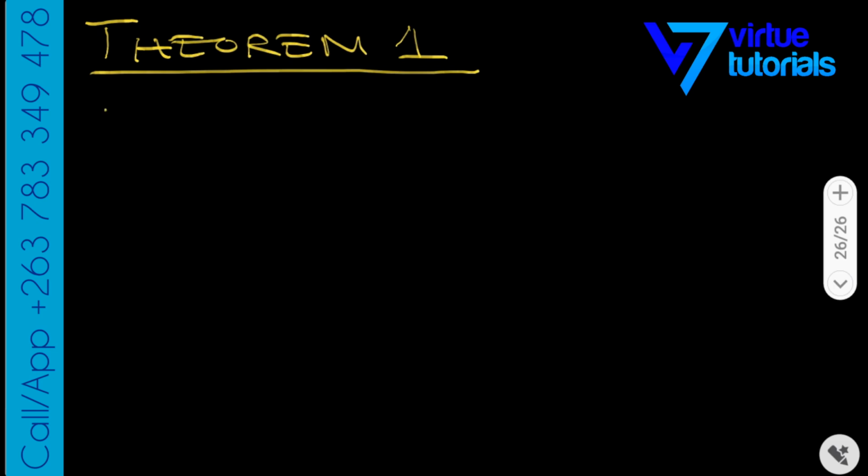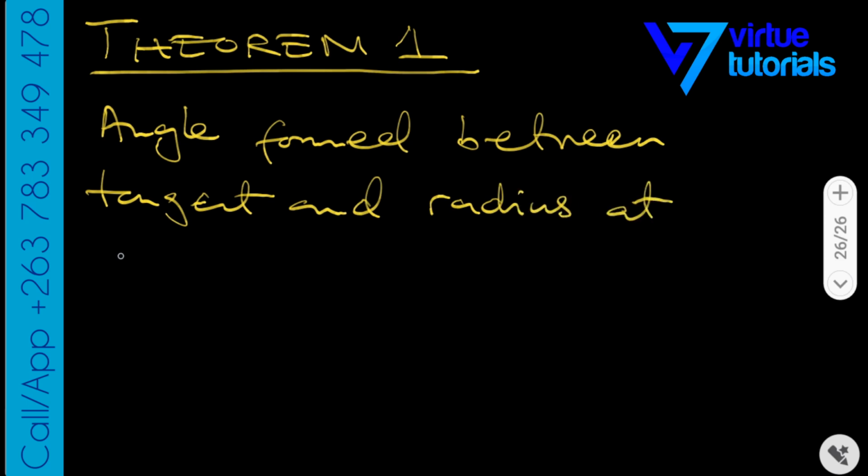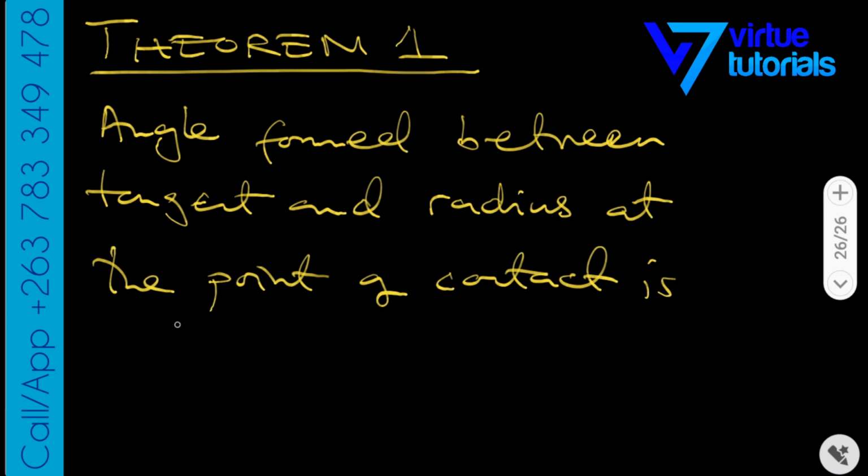Theorem 1 states that the angle formed between tangent and radius at the point of contact is 90 degrees. So the angle formed between tangent and radius at the point of contact is 90 degrees, right?